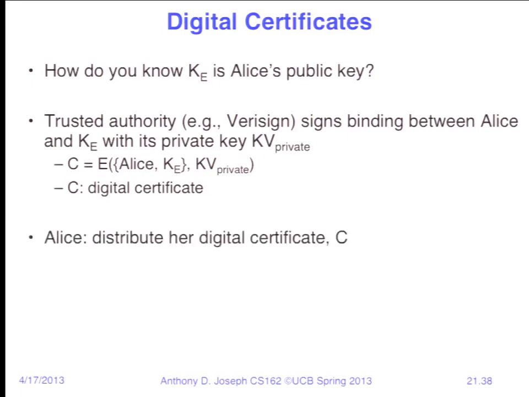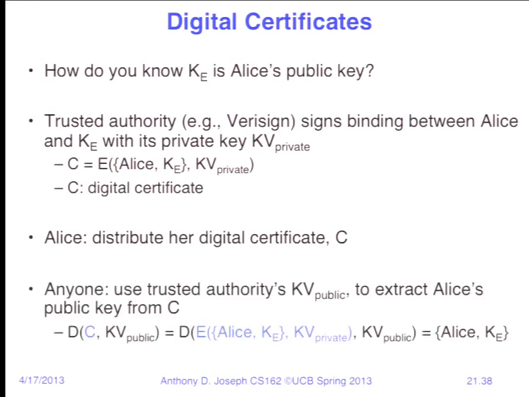So now Alice can just hand out her digital certificate. Anyone who has the trusted authority's public key can then extract Alice's public key from that certificate. All they have to do is take the certificate and decrypt it using the public key of the trusted authority, and they'll be decrypting this encrypted value, which will give them back just Alice and her public key.